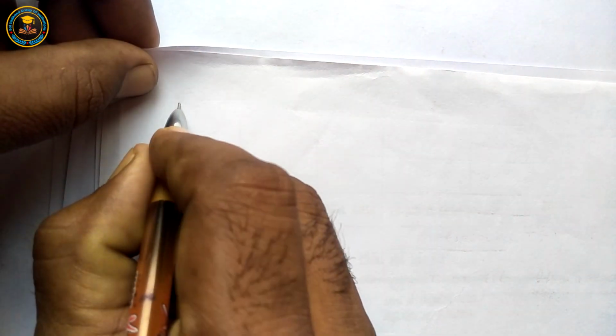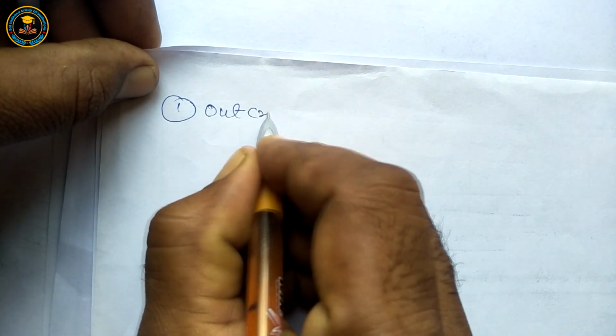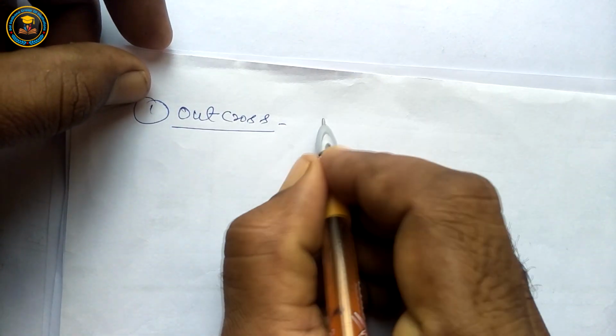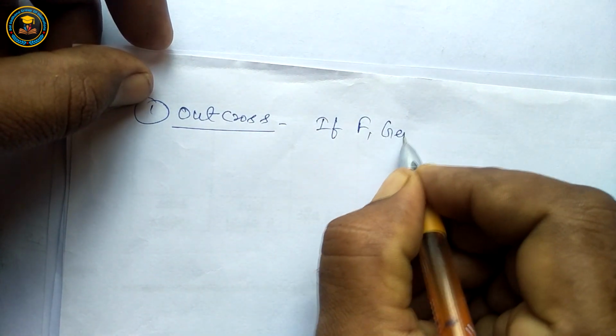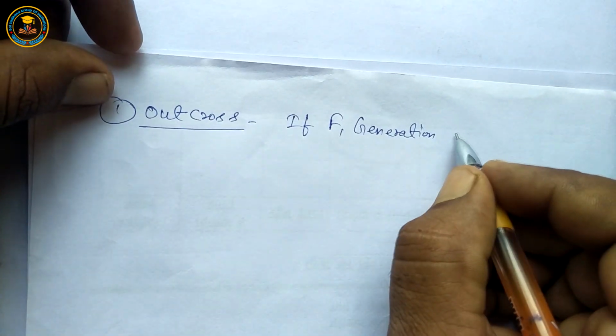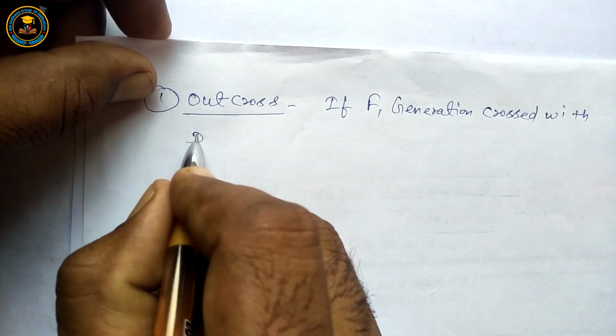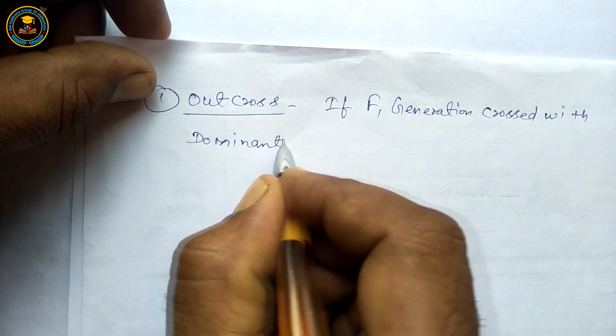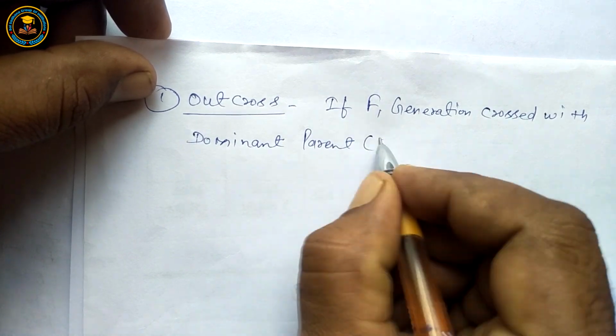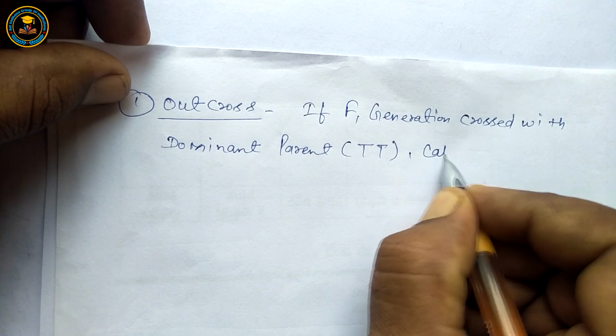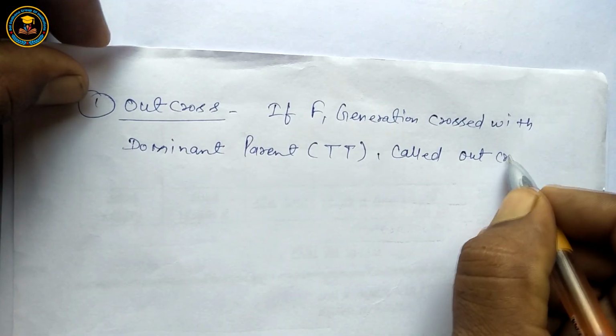First is outcross. Students, if F1 generation crossed with dominant parent like capital T, it is called outcross.